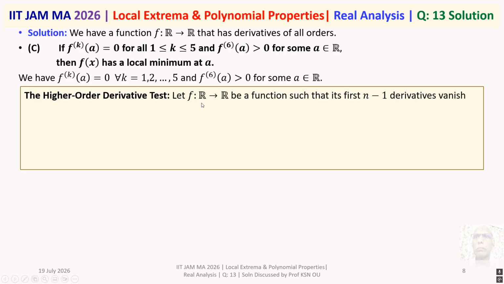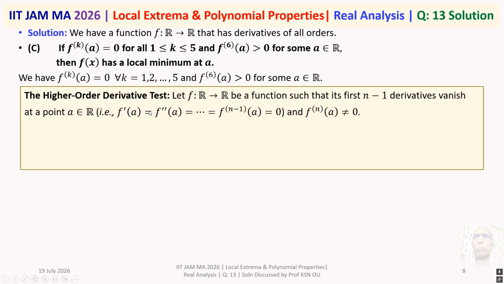Let f be a map from R to itself such that its first n minus 1 derivatives vanish at a point a belongs to R. That is, f prime a is equal to f double prime a is equal to the (n minus 1)th derivative of f at a, all at a is equal to 0, and the nth derivative of f at a is not equal to 0, then the following happens. 1.